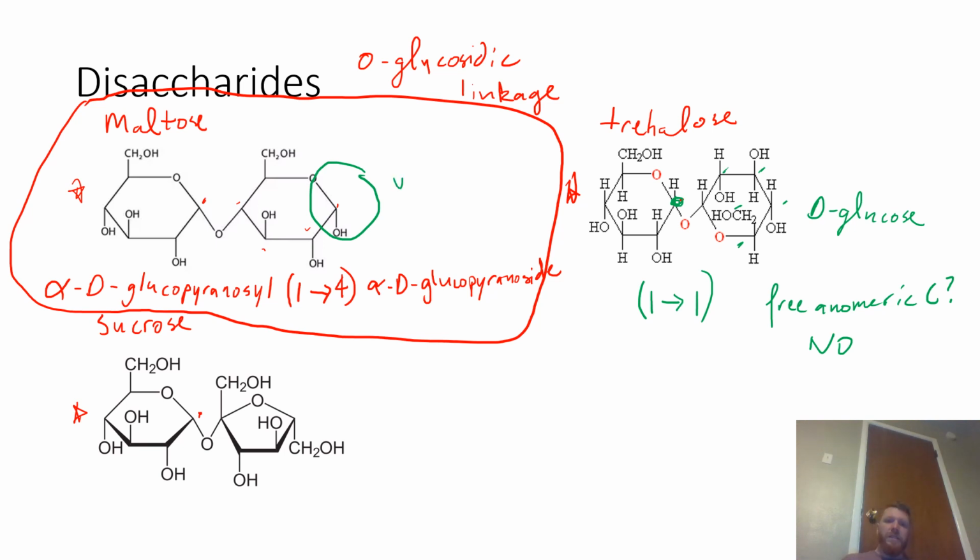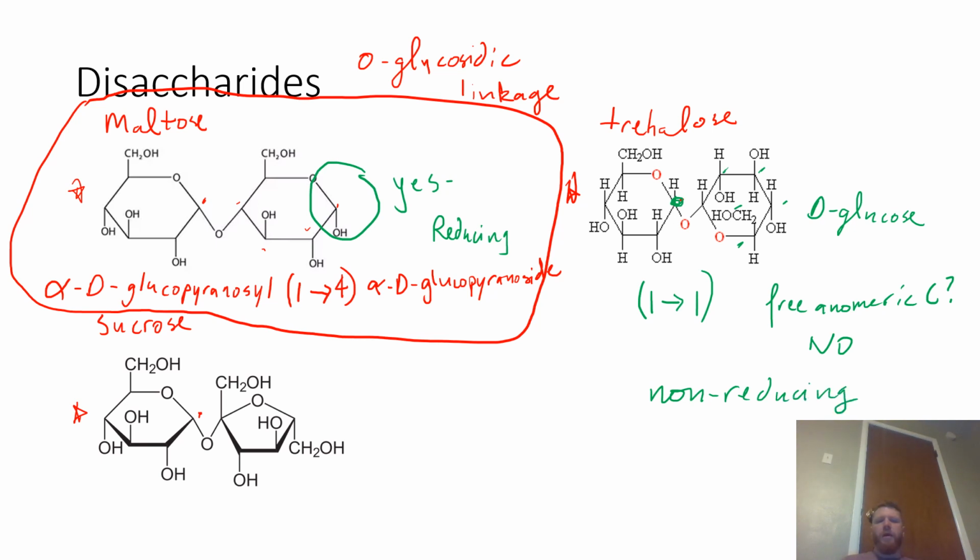The answer there is yes. Whenever you have a sugar that has a free anomeric carbon, or one that does not, we identify a sugar as a reducing sugar or a non-reducing sugar. Maltose is a reducing sugar. Trehalose is a non-reducing sugar.